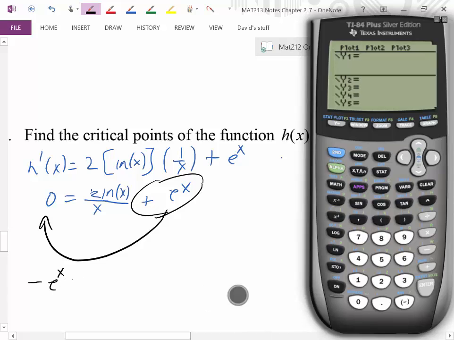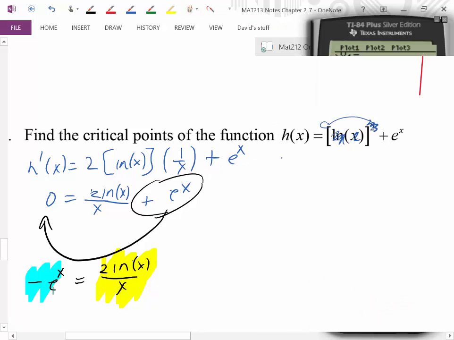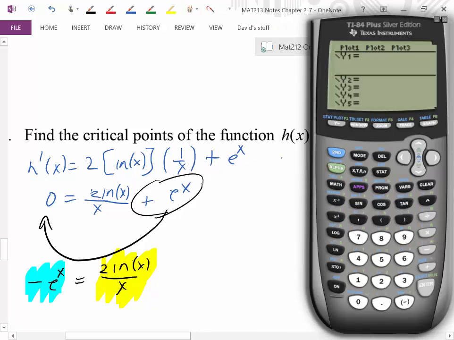The reason is that we're going to end up looking for an intersection between this graph and this graph. If you don't subtract it over, what you end up looking for is where this whole piece hits 0, the x-axis. It's just whatever you prefer. One way you're looking at x-intercepts, the other way you're looking for the two graphs intersecting.